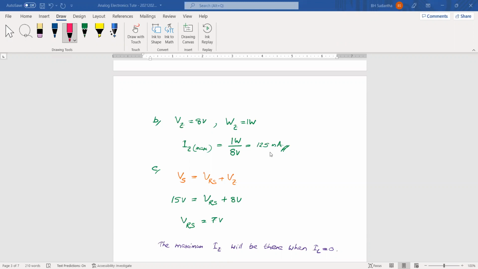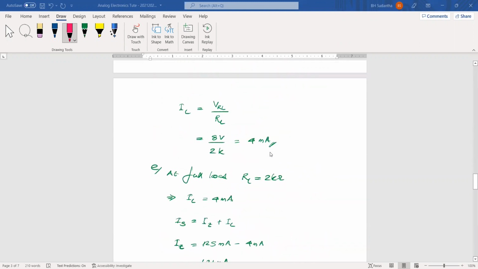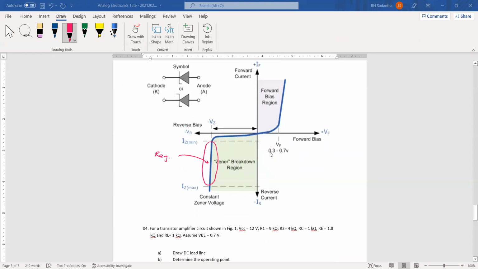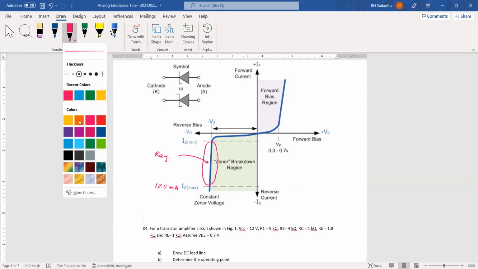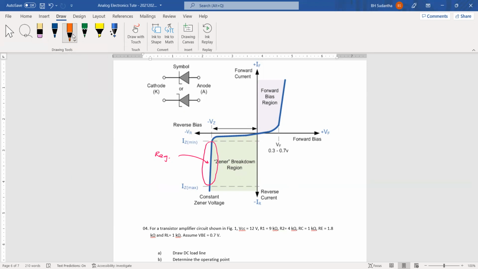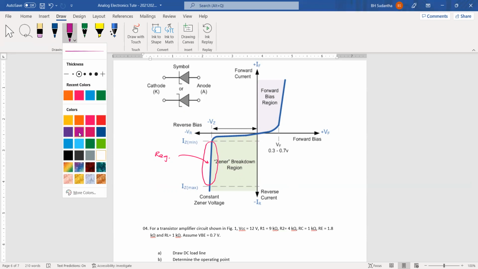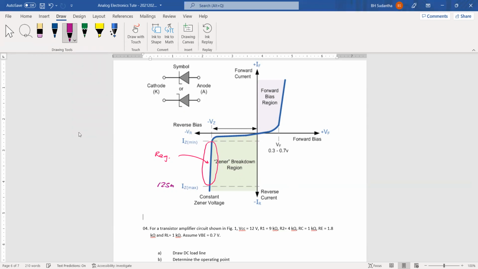But we don't know that value, so assume that in our Zener, this may be the 125 milliampere one. And if you take this one as 125 milliampere, and this minimum may be, shall we take 10 milliampere?